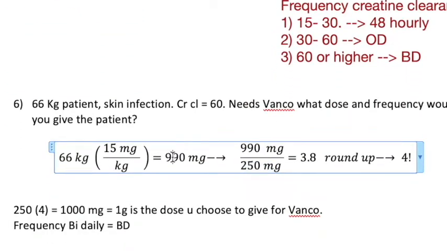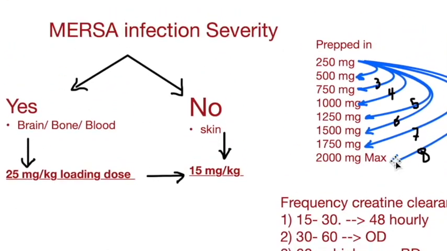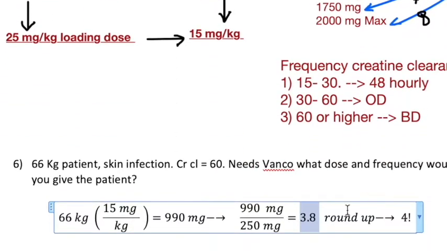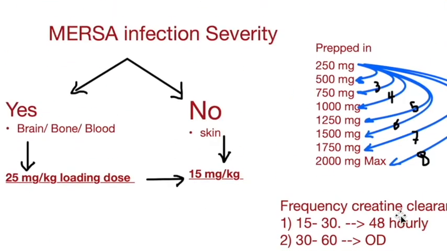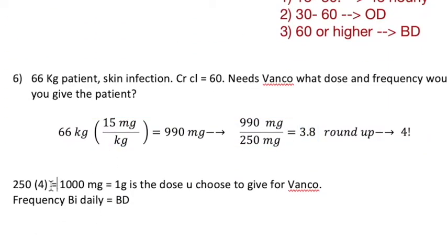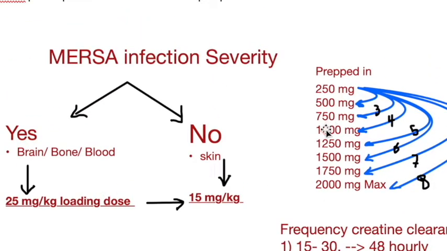This answer was 990. Divided by 250, you get 3.8. Again, you round it up, because it wasn't a whole number. So what do you get? If you round up 3.8, you get a 4. So you're going to multiply 4 by 250, and that's exactly what I've written here. 4 times 250 comes down to 1,000. And that's exactly what you give him. And ta-da, see, it was the same answer that we chose before.